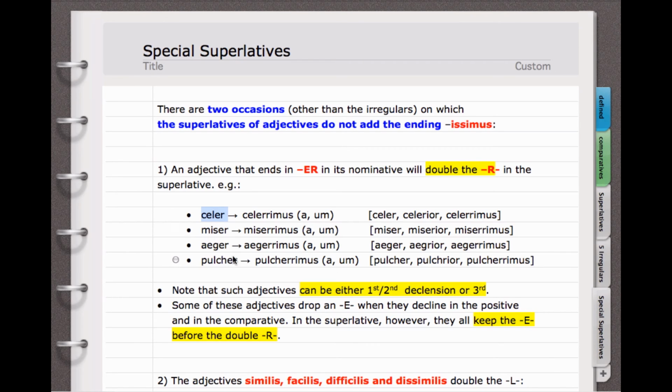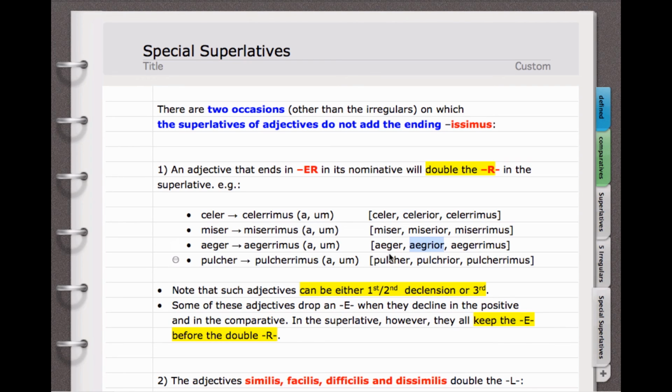Notice that these guys, in their comparative form, sometimes drop the E out. For celer, that E is part of the stem. Celer, then celerior. Miser, the E is also part of the stem. But for acer, we're going to go to acrior because in its positive form, this E drops out.